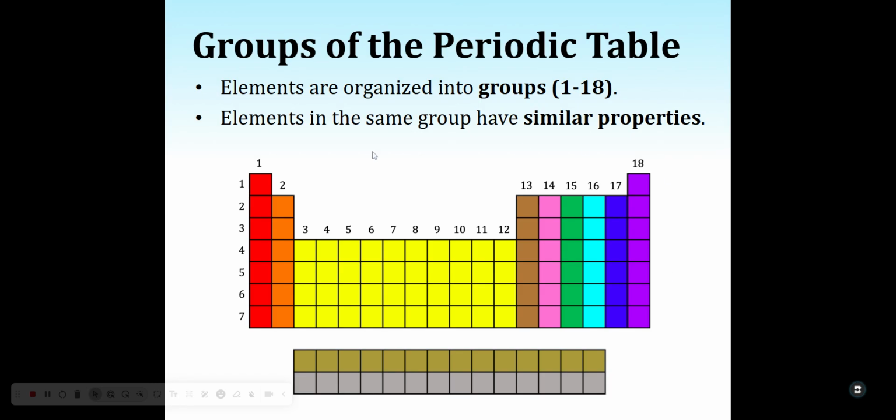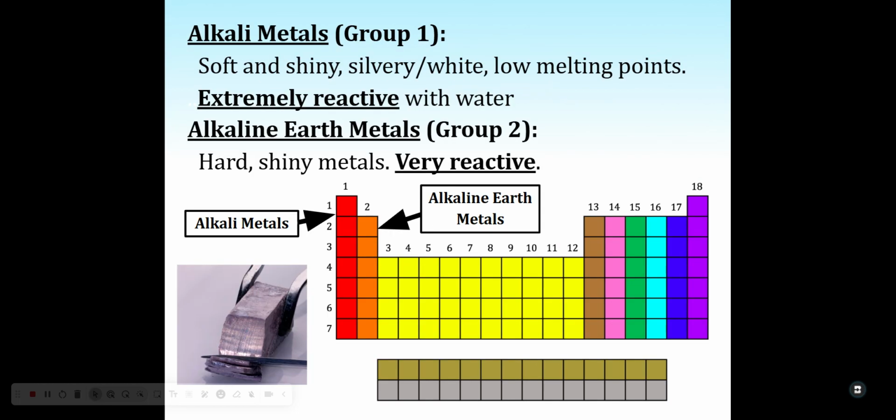How the groups are organized, you have 1 through 18, and then each group will have similar properties going down, again because they have those valence electrons that are in common. And how do we organize them? Well, the first group is called the alkali metals.